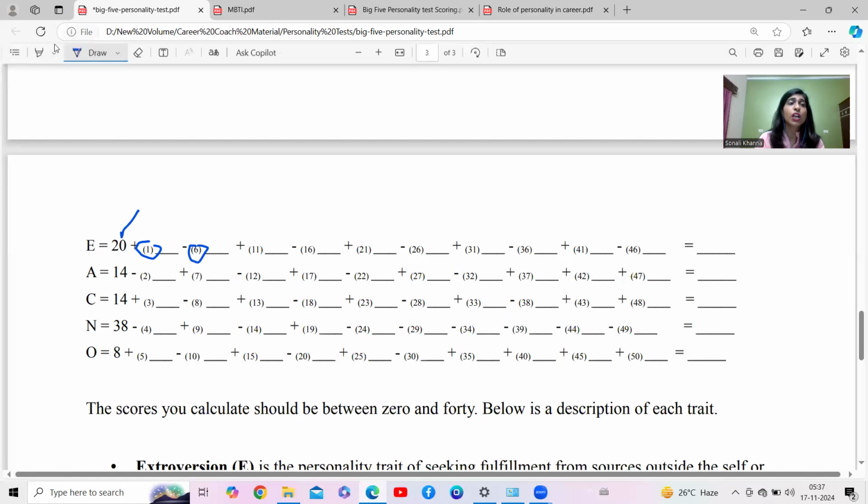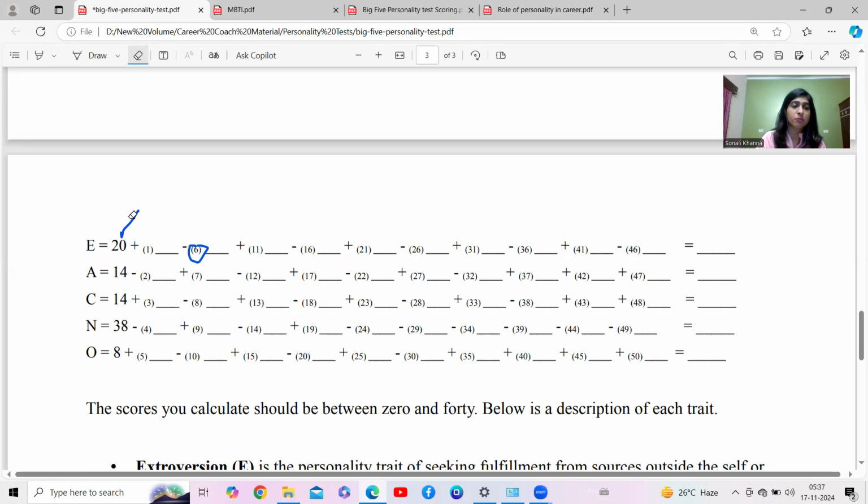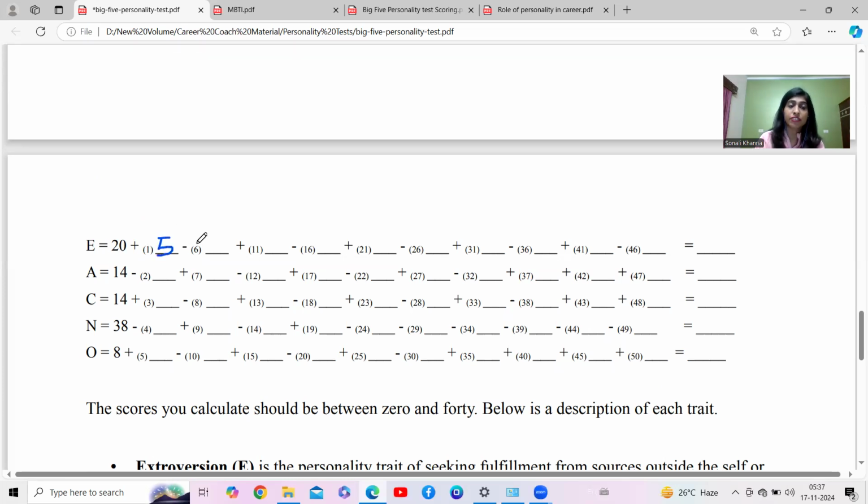So let's suppose your subject has, wait, let me just erase this part. Okay, so let's say in item number 1, your subject has got the score of 5. He or she has put the rating of 5. In item number 6, they have put the rating of 1. In item number 11, again, they have put the rating of 4. In 16, again, it's 4.